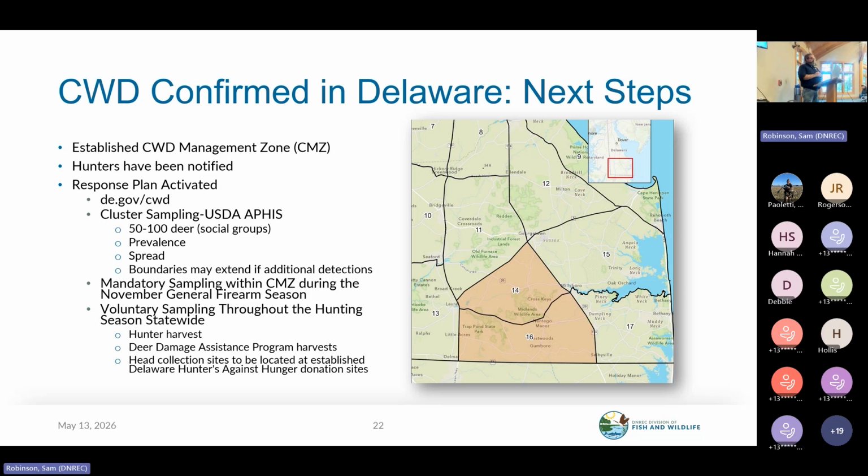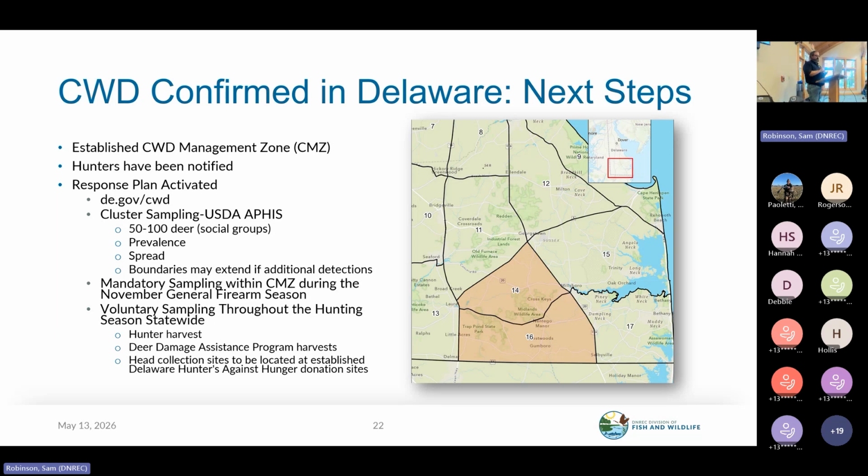We're looking at mandatory sampling during the November general firearm season, and we're still working out how that's going to work. And of course, like it's always been, voluntary sampling. You guys, we really can look to you to help like you've always done. Looking at hunter harvest, our DDAC harvest, which Brian Harris runs, so we'll be talking with farmers about that.